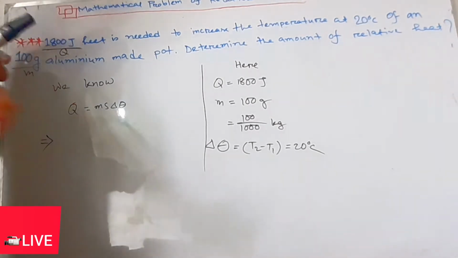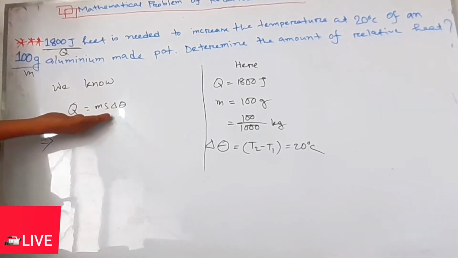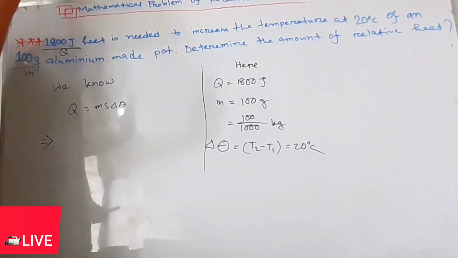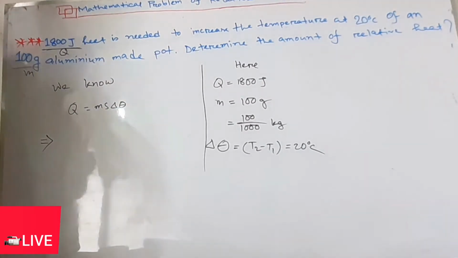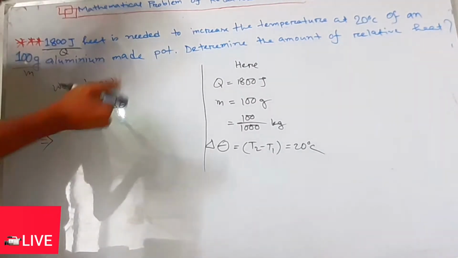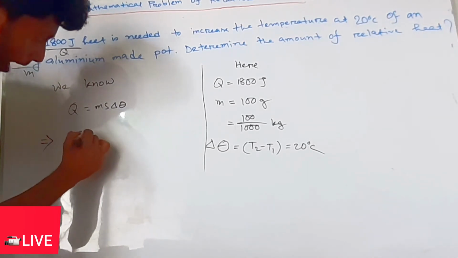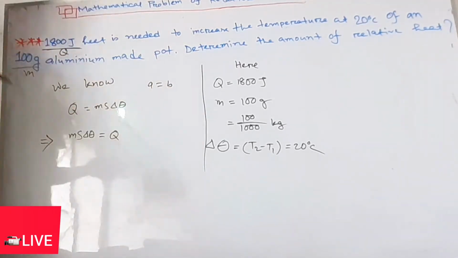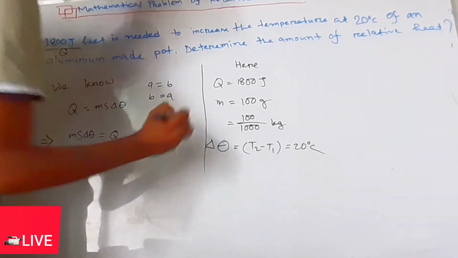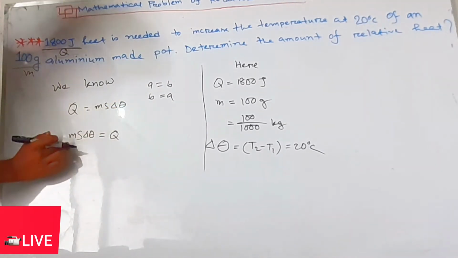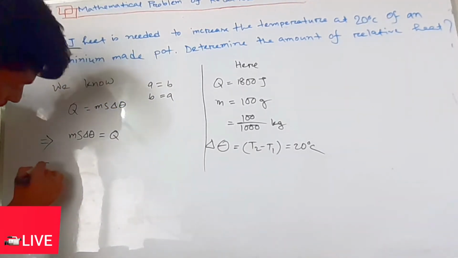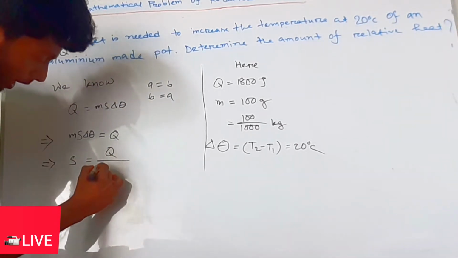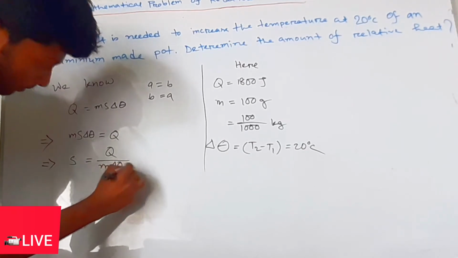Now if we want to keep a quantity on the left side of the mathematical problem, then we'll have to substitute. Now substitute: m s del theta equal to Q. We know that A equal to B. In the same way, B equal to A. So in the same way, m s del theta equal to Q. Now it implies that s equal to Q by m del theta.